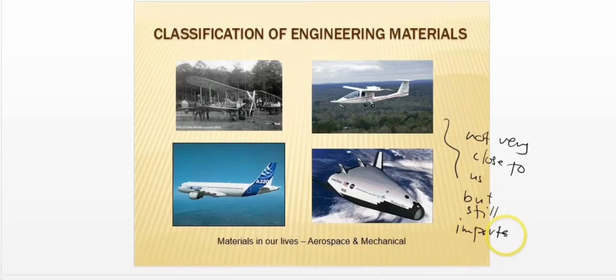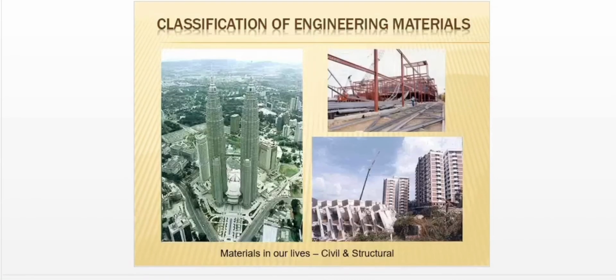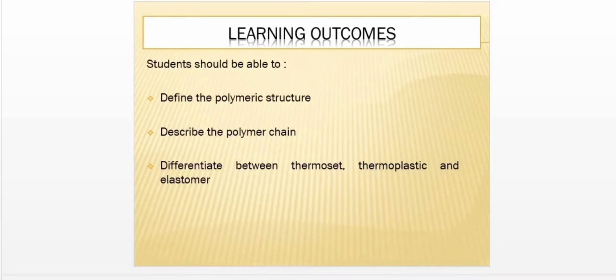You must understand why these materials are used in aviation applications. Another example is electronic and electrical parts. So the material used depends on the application. Also an example on civil and structural, for the KLCC, for example. And that's it. I think that's clear on 4.1.